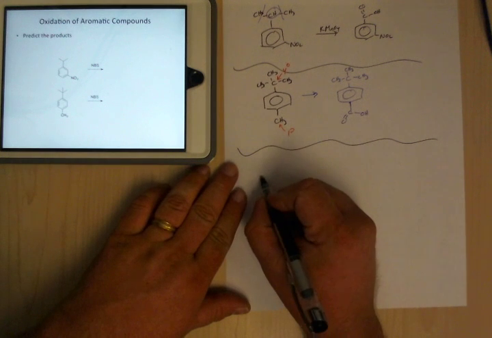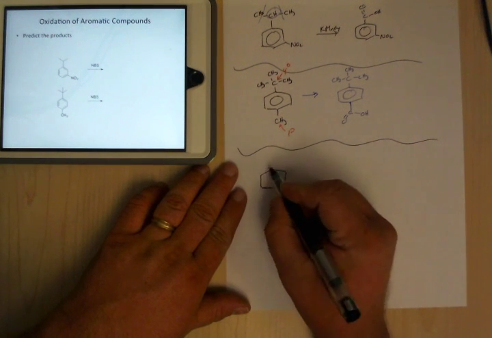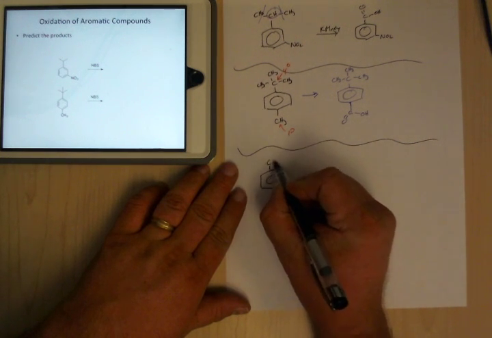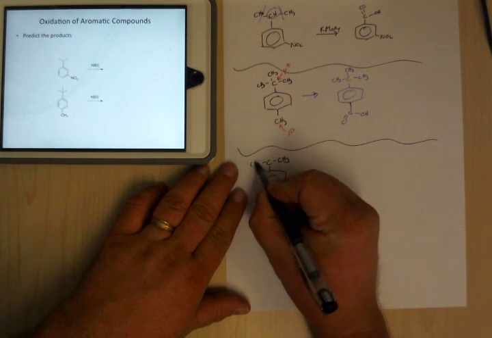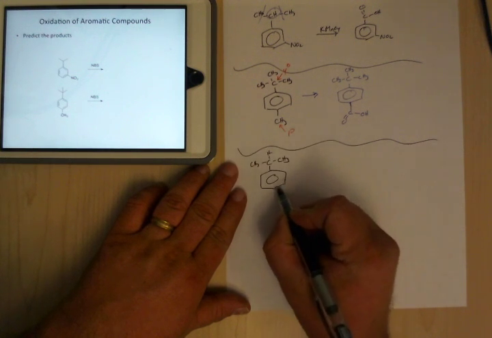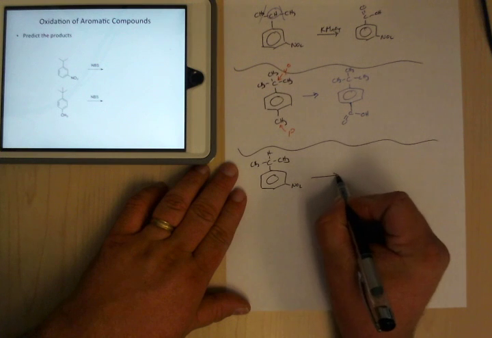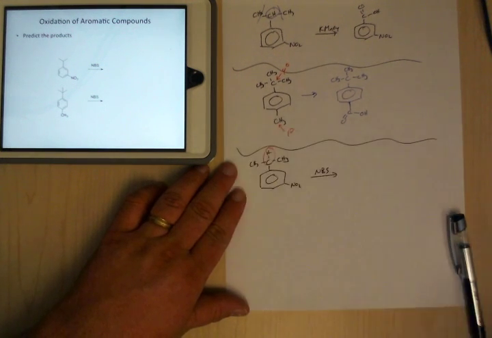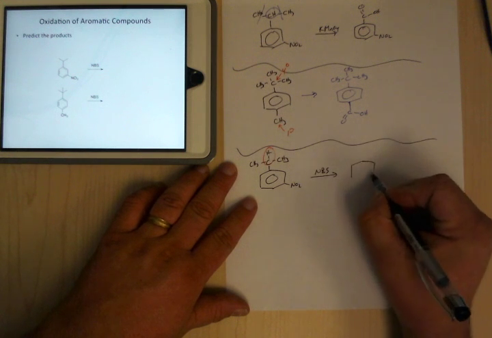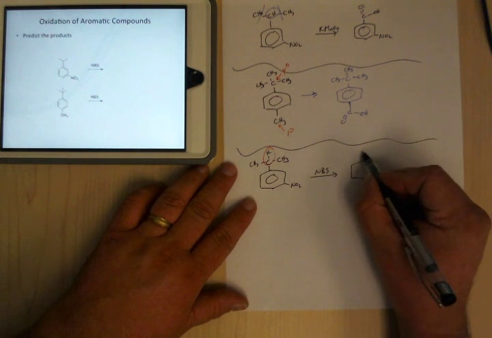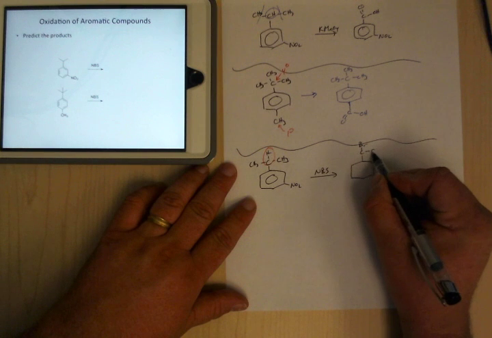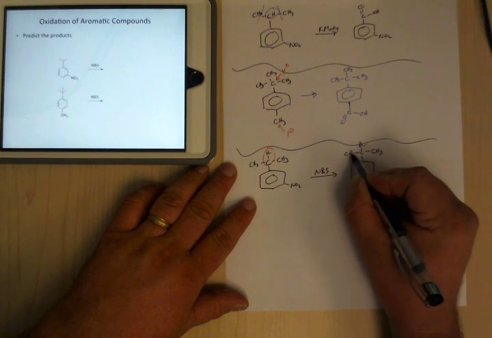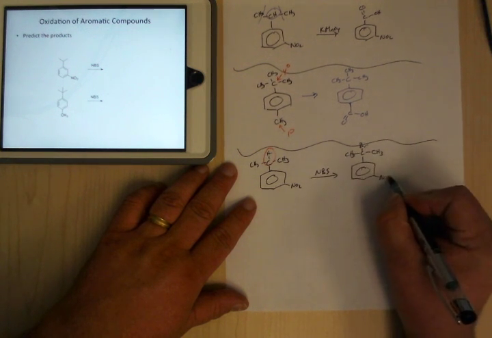But what happens is, we have these same compounds. We hit it with NBS, N-bromosuccinimide. Here's a hydrogen there, so we're going to put a bromine there. We don't cleave off the ring, we don't cleave off the chain, but we leave it there.